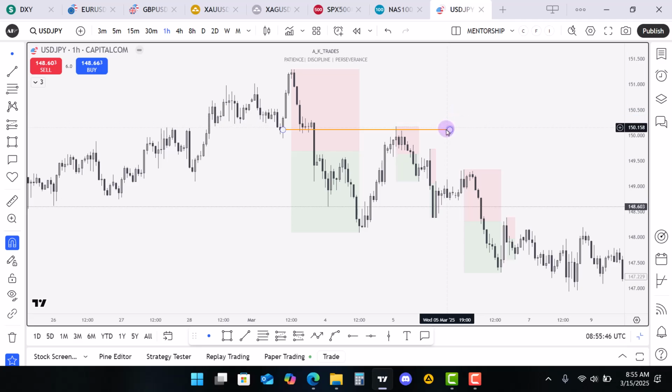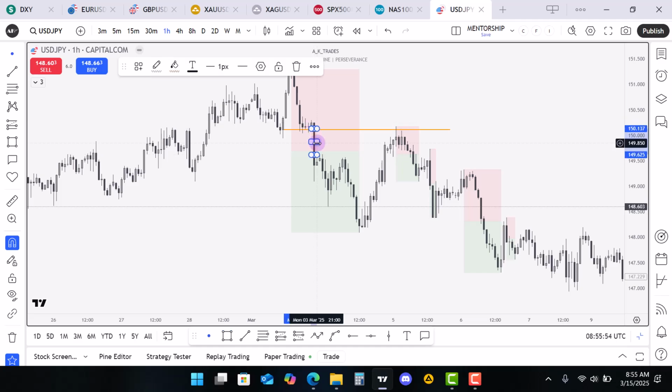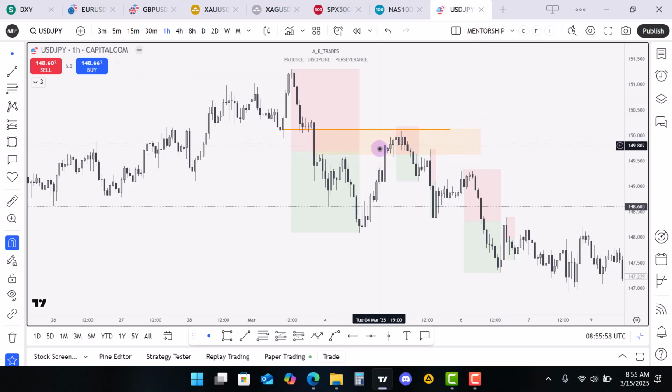Aside from the high probability order block, there is also a fair value gap that can be identified in this level. So as you can see, price consolidated for a period of time within this fair value gap before moving away towards our draw on liquidity.